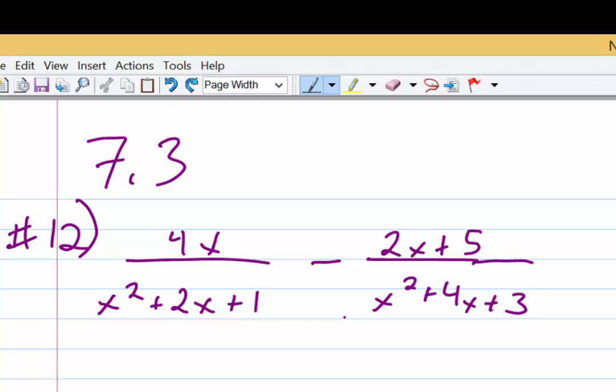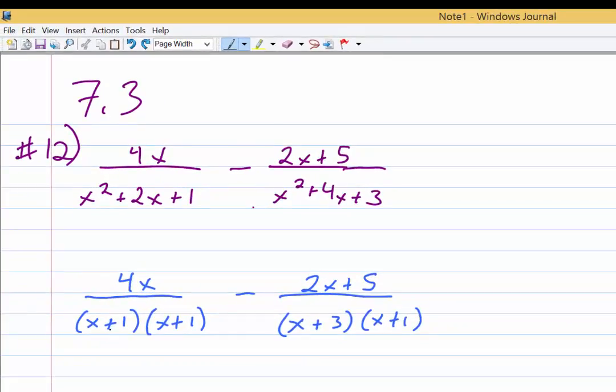When I do that, on the left side I get 4x over (x plus 1) times (x plus 1), which is the quantity x plus 1 squared. That's fine. Minus (2x plus 5) over (x plus 3)(x plus 1). The right side is missing an x plus 1, while the left side is missing an x plus 3.